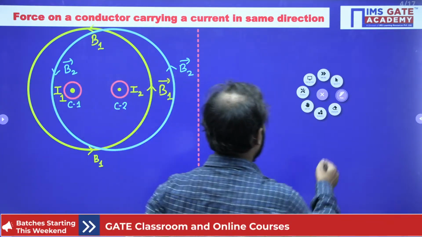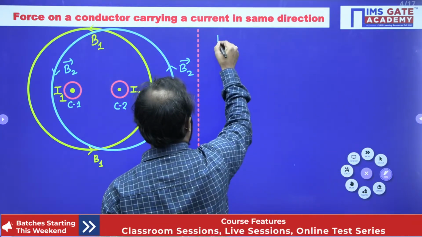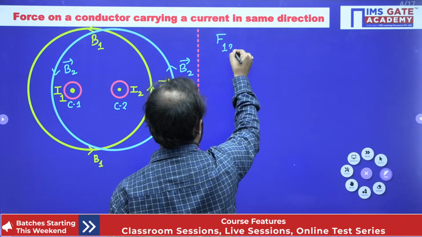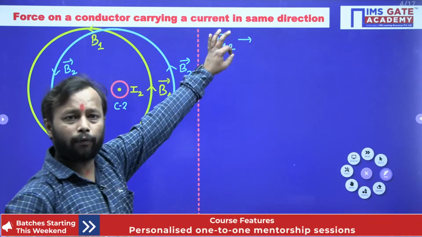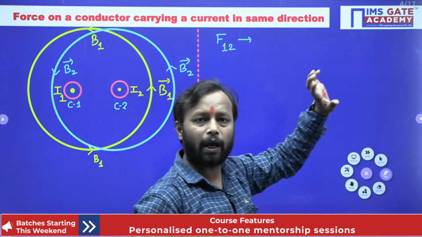So the force experienced by conductor 2 due to conductor 1 is F12.